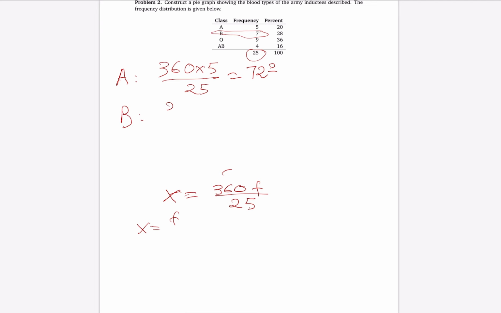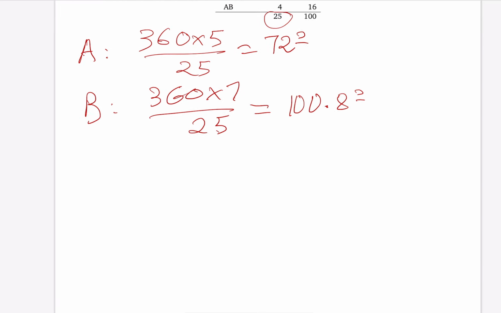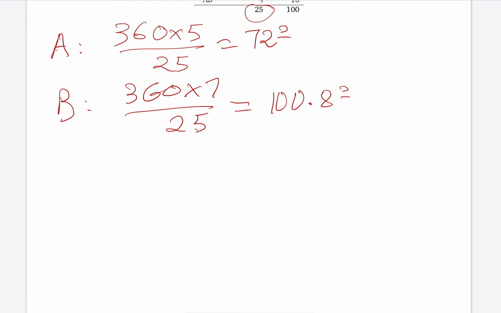For B we have 7 here. B is equal to 360 times 7 divided by 25. Using your calculator, you will get 100.8 degrees.